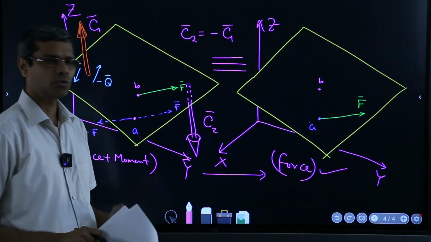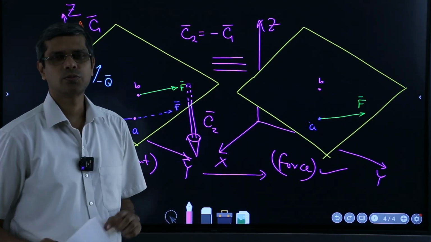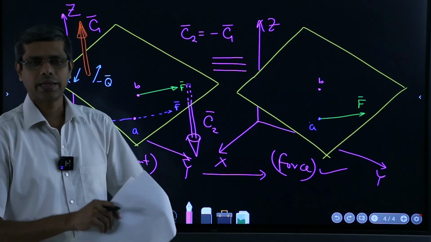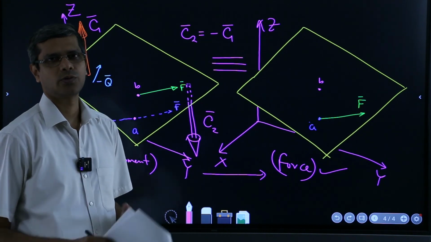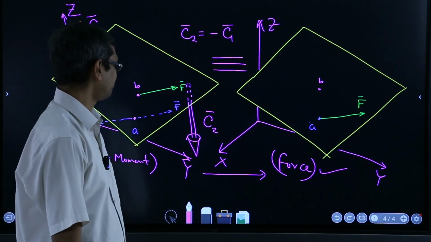Once you do that, this trick will be used multiple times in many complex situations where we will have systems with many forces and many couple moments.